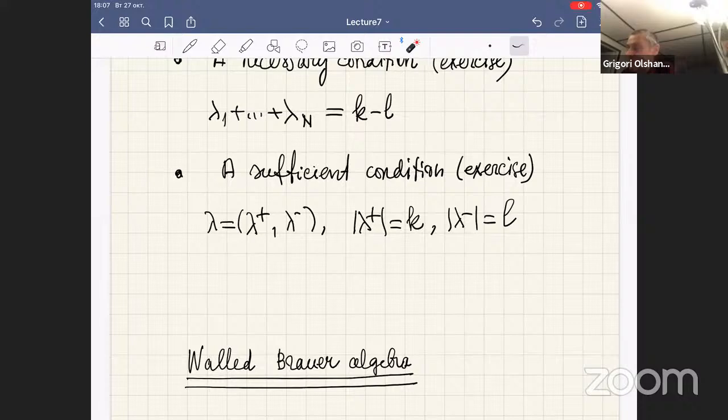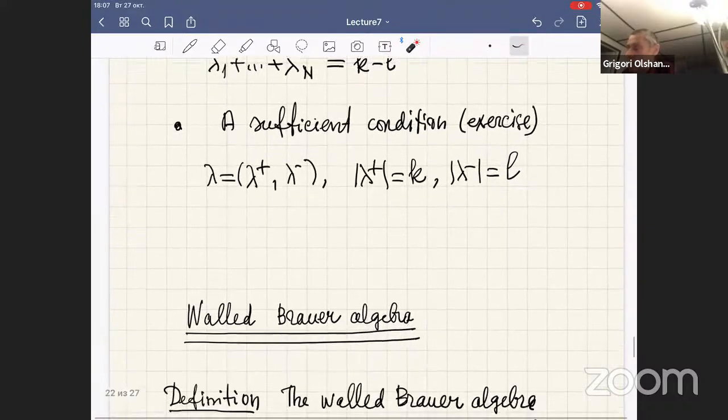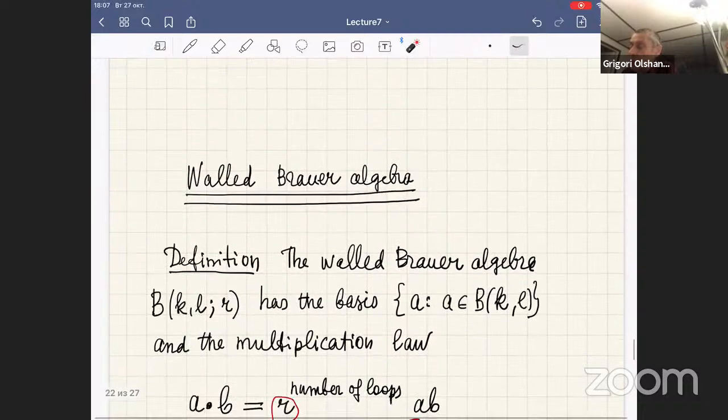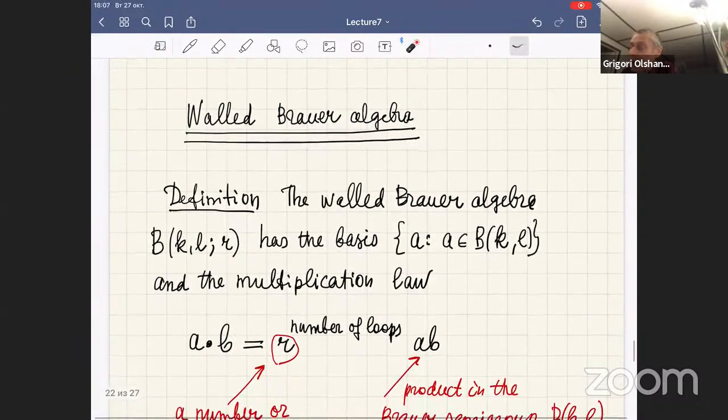This will become clear. Now I want to mention that there is the notion of the Walled Brauer algebra. So far, I discussed the Brauer semigroup and its projective representations, but this can be viewed from a slightly different point of view.